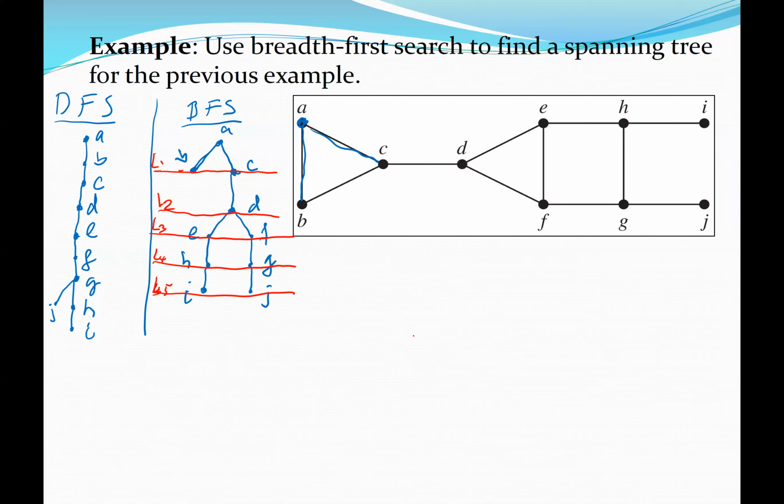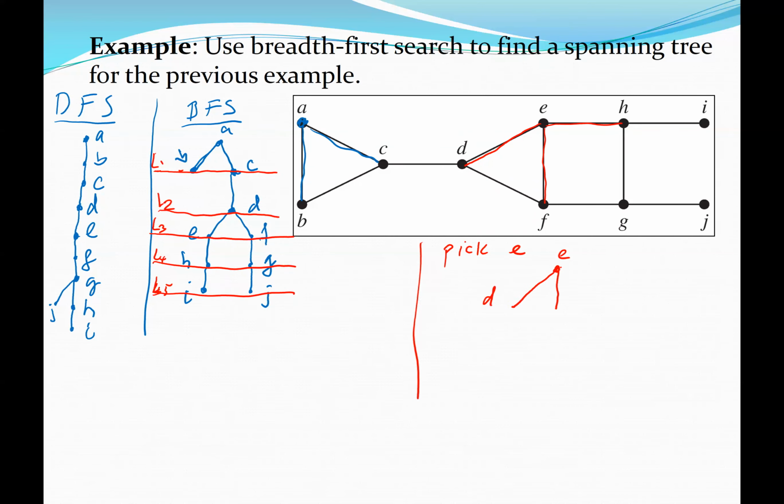And as I showed you before, it will pick E. So E will be the first vertex. The neighbors of E will be D, F, and H in that order.